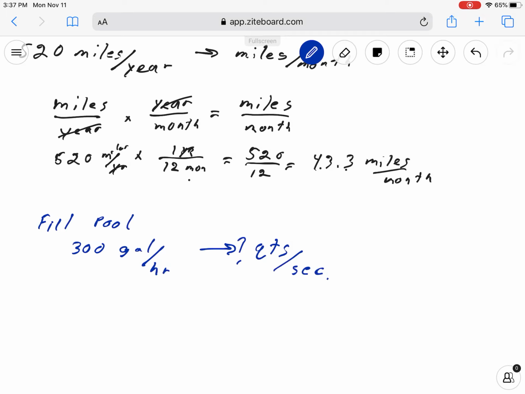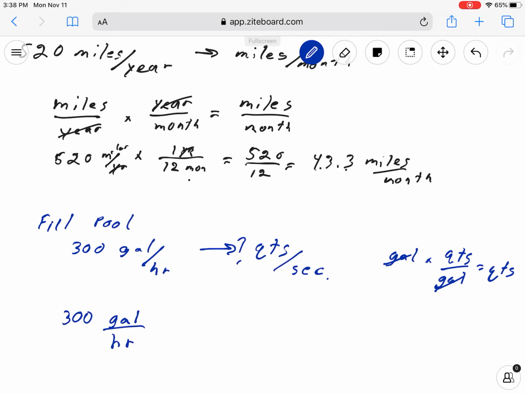So let's do gallons first. So if I have gallons, and I know there are 4 quarts per gallon, so I'm going to need to multiply it by quarts per gallon. And the gallons will cancel. I'm going to be left with quarts. So that's my numerator. So let's do that. I have 300 gallons per hour.